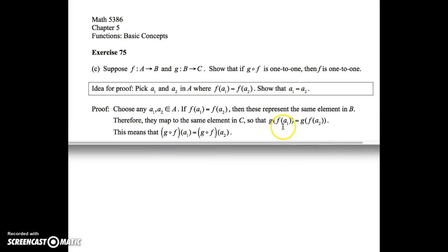Now g of f of a1 is really g of f of a1. Similarly, g of f of a2 is g of f of a2.